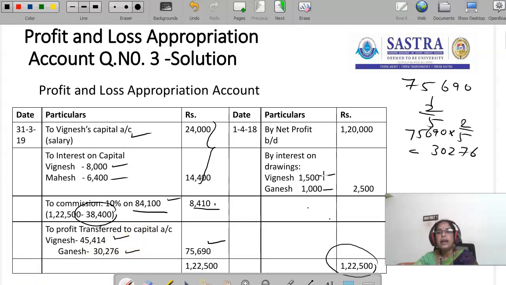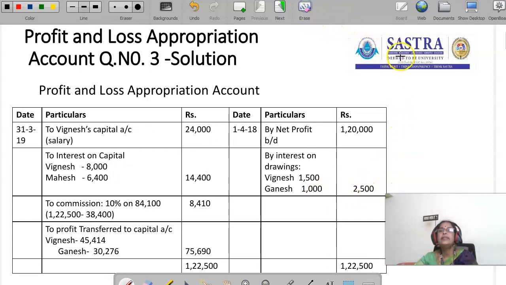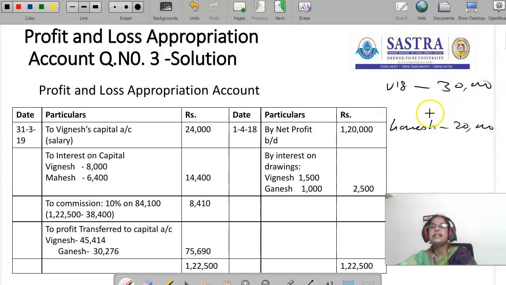Now, how do we calculate interest on drawings during the year? Vignesh withdrew 30,000 rupees, Ganesh withdrew 20,000 rupees. 10% is the interest rate on drawings. 10% of 30,000 is 3,000.